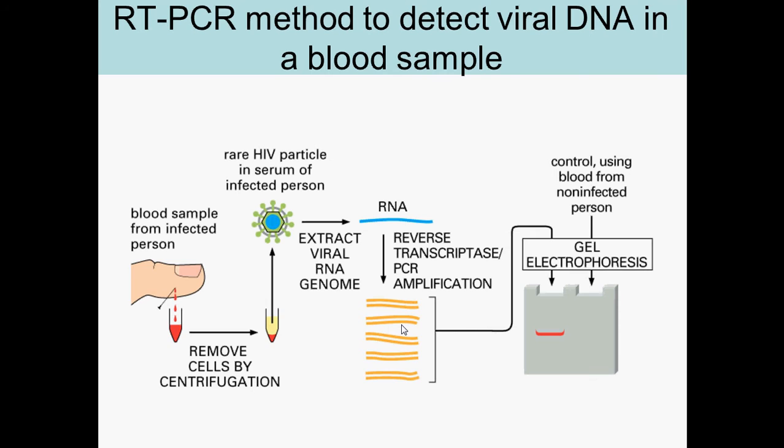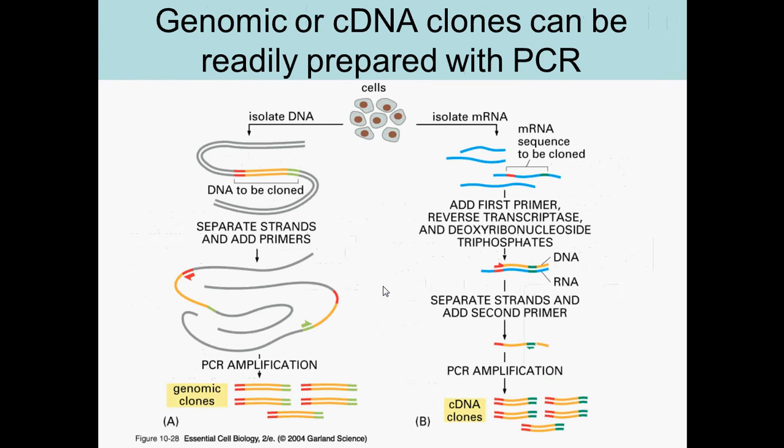First you have to know the sequence of the HIV virus, so then you can design the primers, and then you put the primers here. Let's say that's the HIV RNA. So you put the HIV RNA sequence there, and then use reverse transcriptase to elongate it.